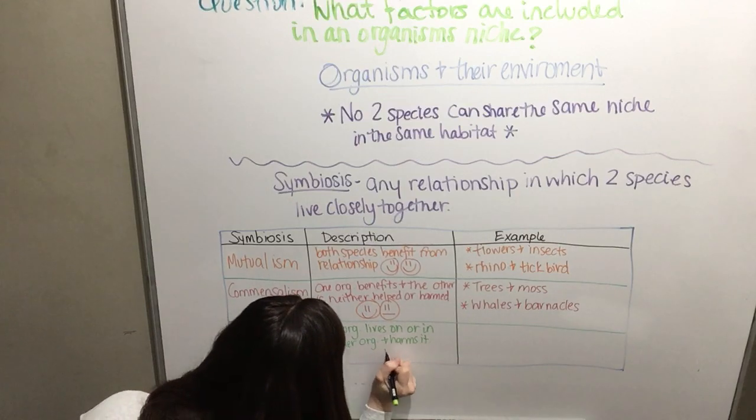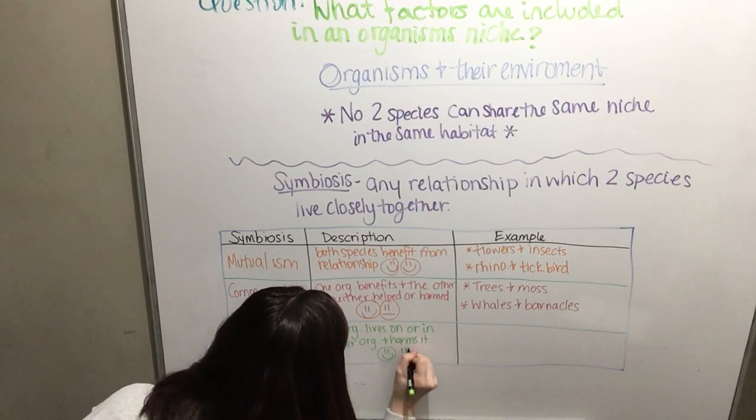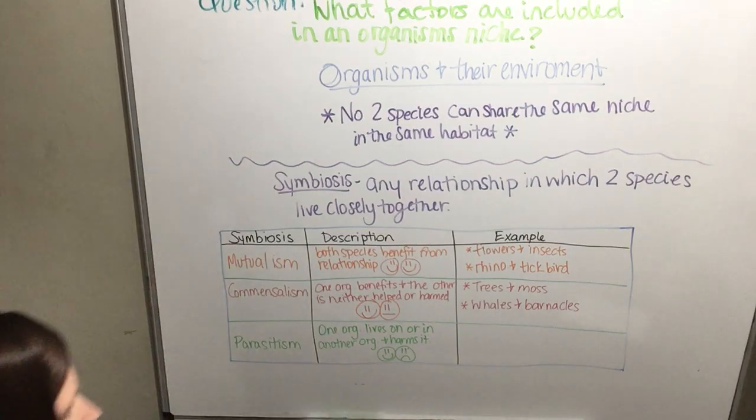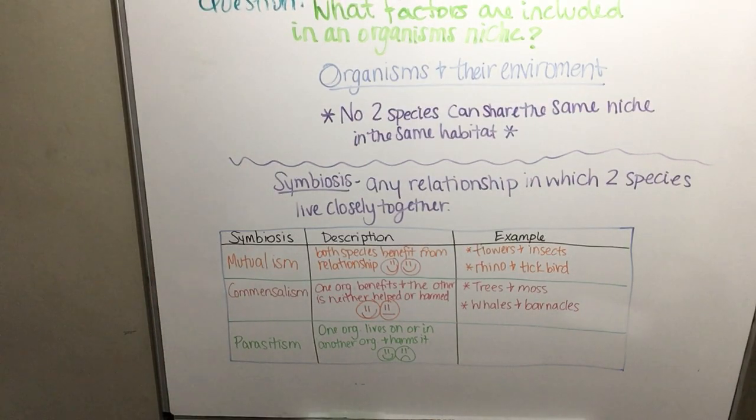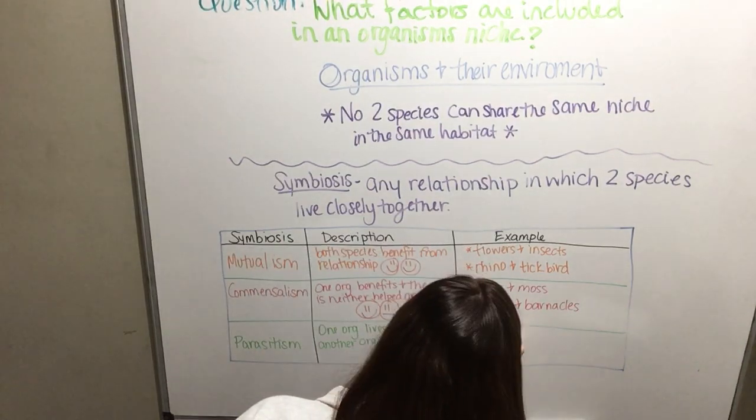So in this case, we have one happy face and one frowny face. Examples of this would be dogs and ticks, or humans and mosquitoes.